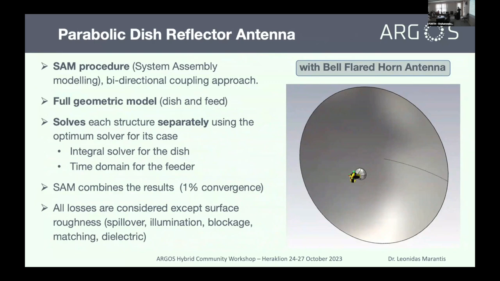Then this SAM procedure of CST combines the two solvers and gives you realistic results. But so far, we cannot really do a time domain solver for everything. This needs billions of cells, and you need maybe 50 PCs running all together.